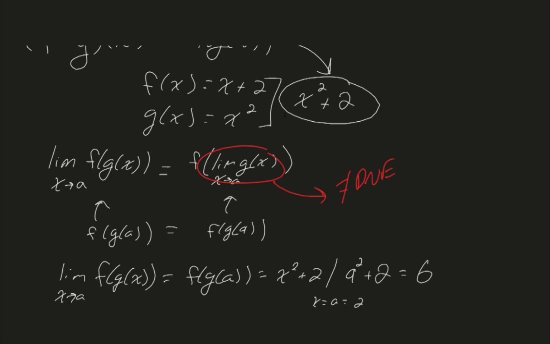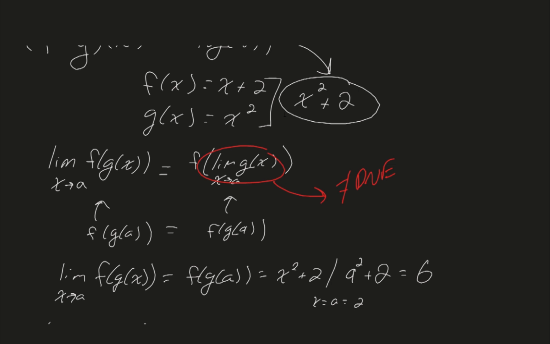Now let's look at it if we use the theorem. If we use the theorem, this is going to become f of the limit of g of x as x approaches a, which is going to be, we can calculate the limit of g of x on our own if we'd like. I should be using 2, I suppose, since we're using 2.